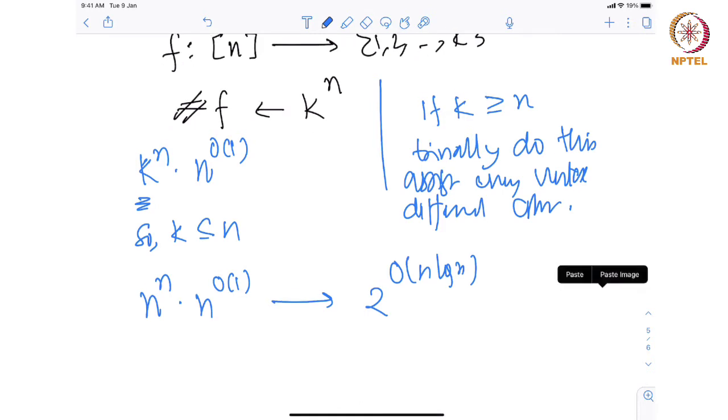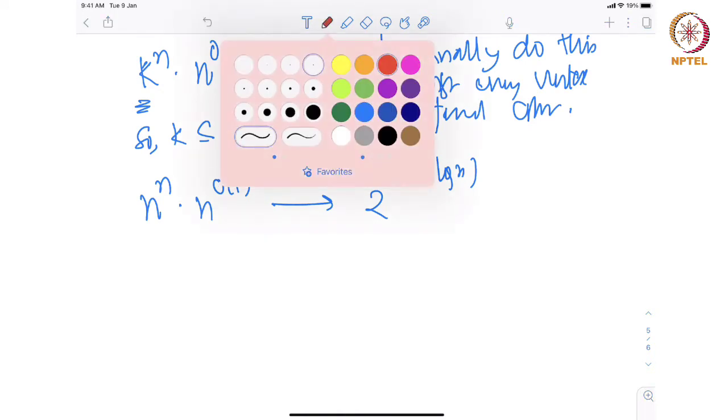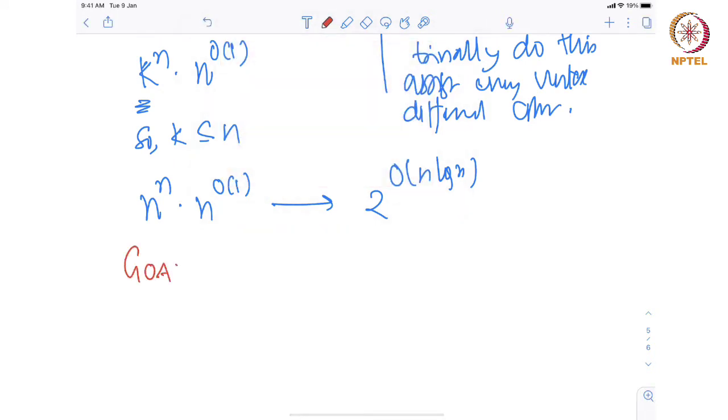Okay. So now, as we have been trying to do, what is the goal? So the goal is fixed.